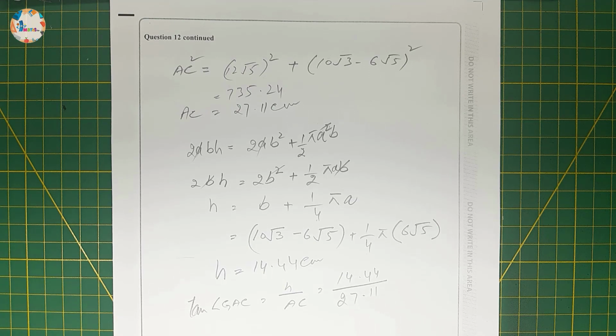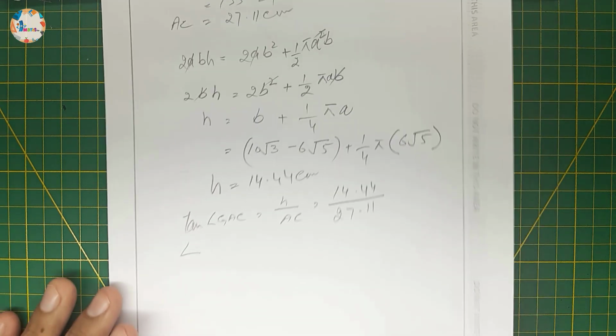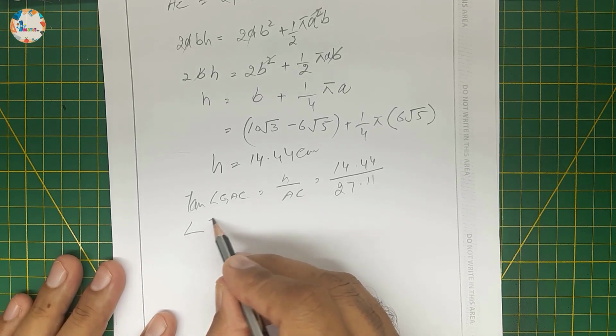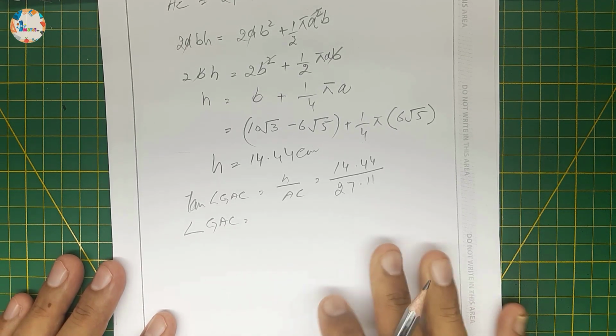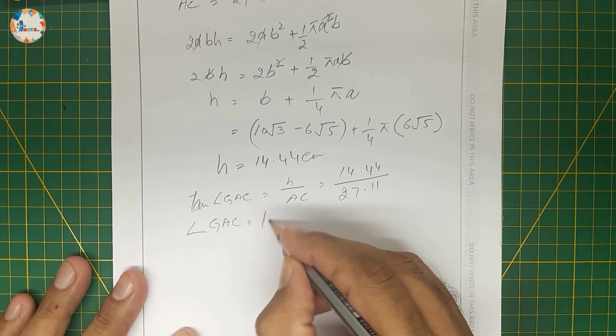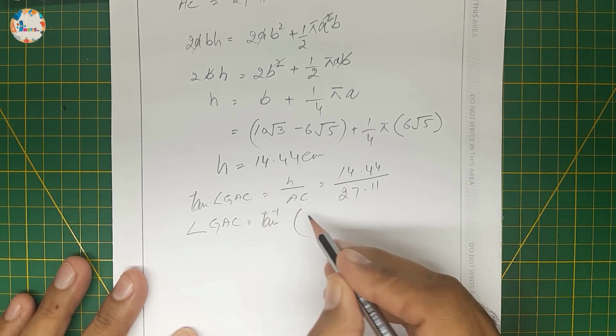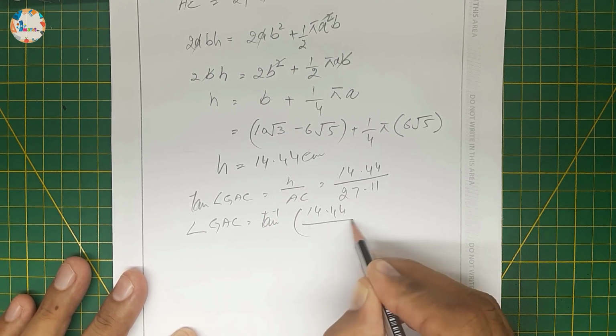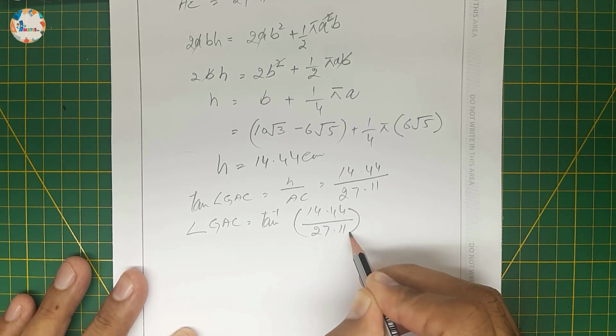Now we can shift tan to the other side. I'll move the page a little above. So angle GAC is equal to tan inverse of 14.44 divided by 27.11.